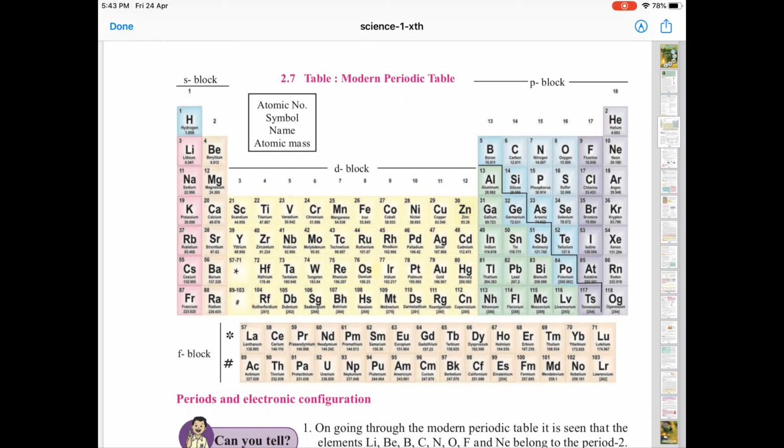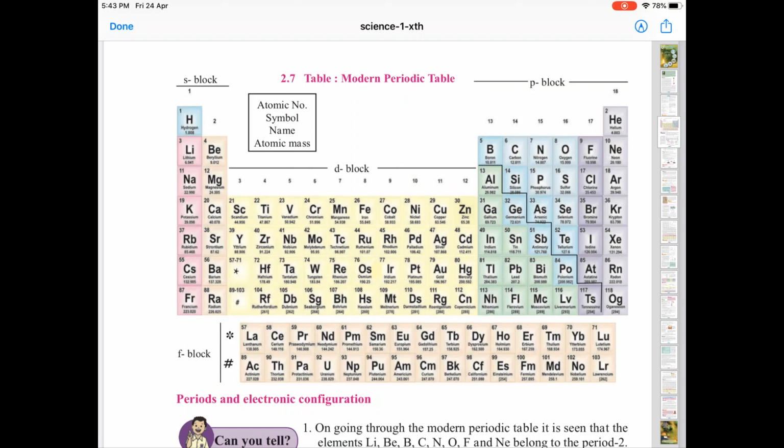Now, to understand that, we should understand a fact that metals are electropositive. What does it mean? Metals are those elements who tend to donate electrons and form positive ions. Metals are electropositive. They donate electrons and form positive ions.